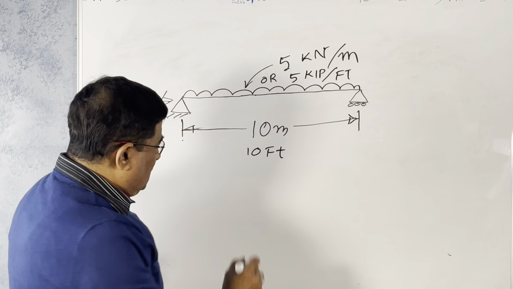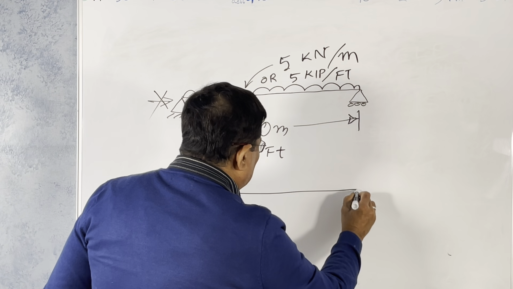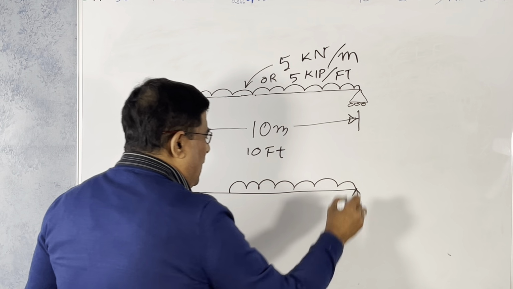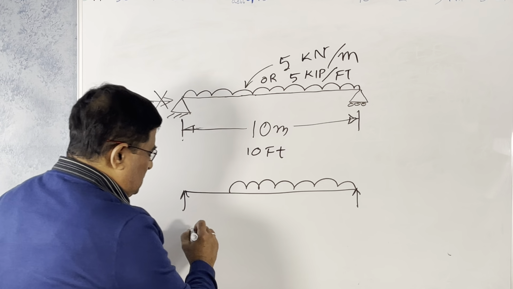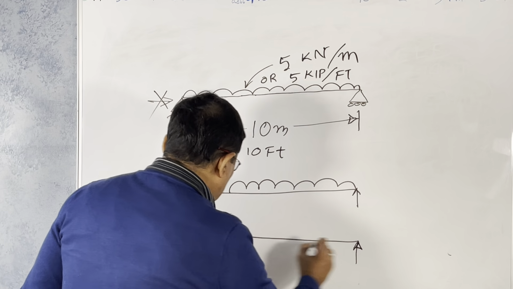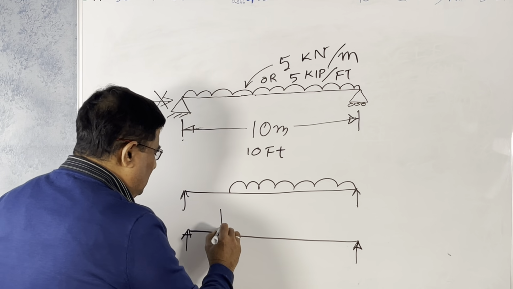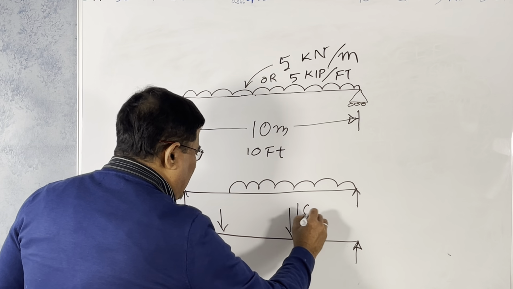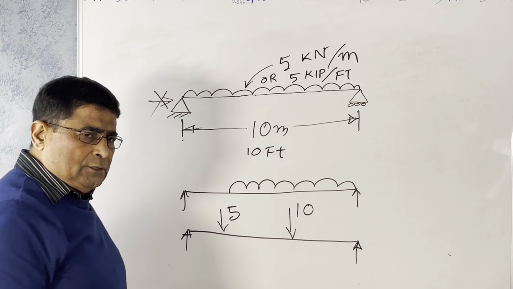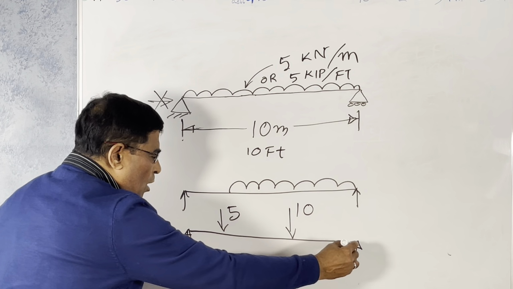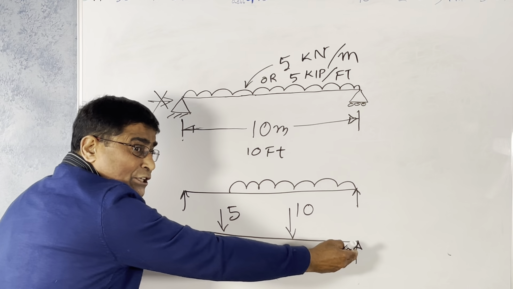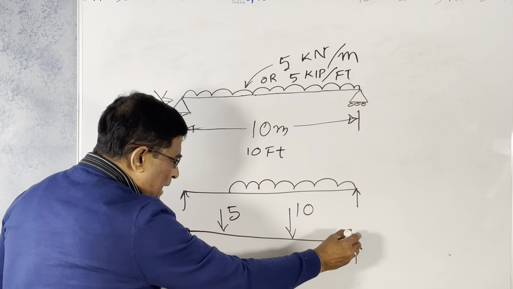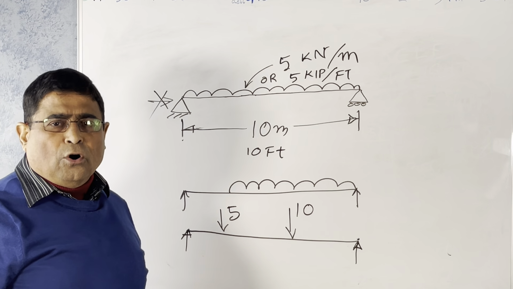If not, say something is partially applied, or two loads are applied at different locations, say 10 and 5, then you have to take moments of all the forces, including the reaction, about one point, either this point or that point, and make it equal to 0.